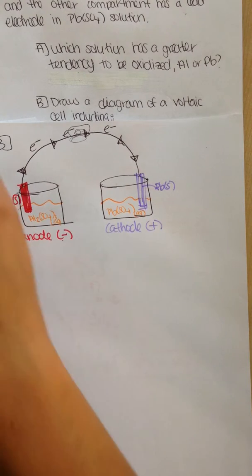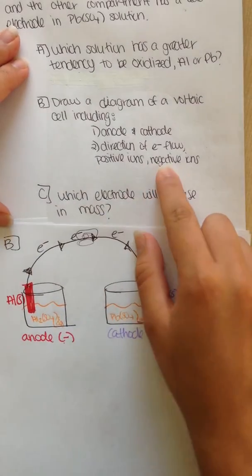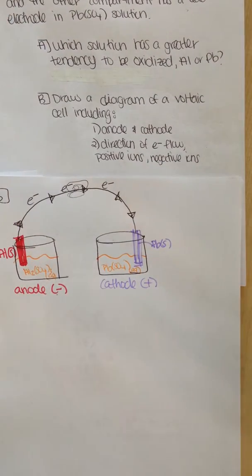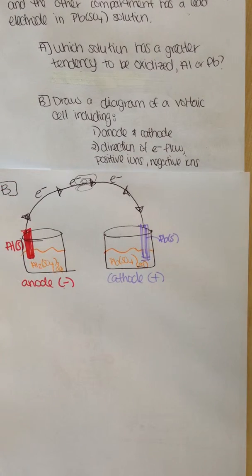We also need a salt bridge in order to allow the ions to move between cell compartments to complete the circuit. Since SO4 is a spectator ion with a negative charge, it's a negative ion, and we don't have any other ions, we don't have a positive, so we cannot draw a positive ion.